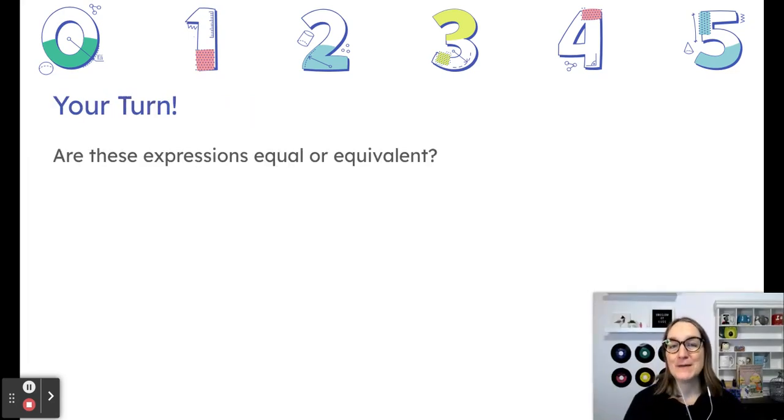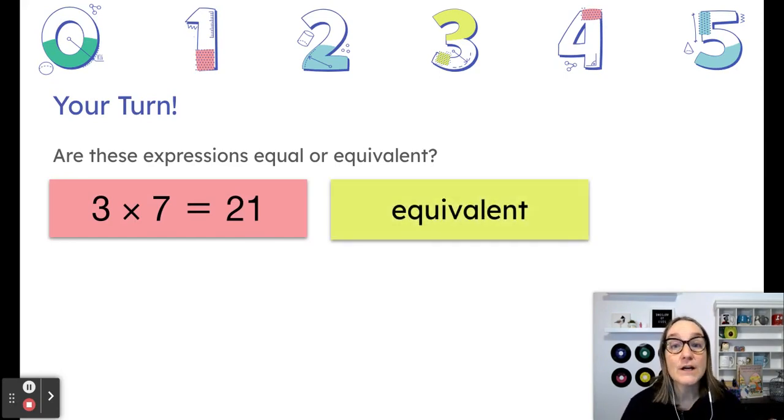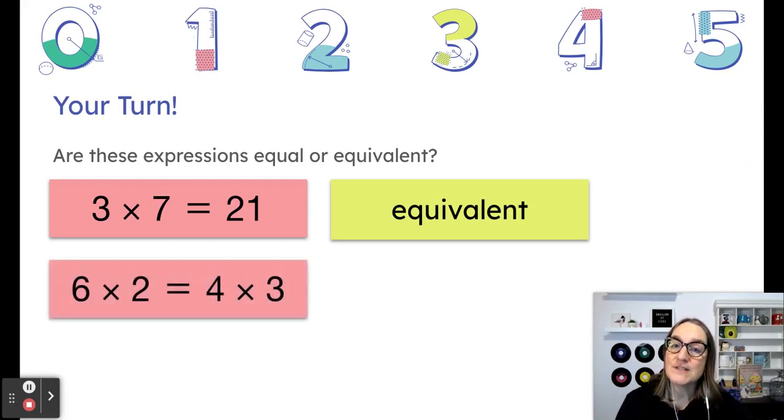Let's check to see if we can apply our new understanding. If 3 times 7 equals 21, are they equivalent or equal? They're equivalent. That's because while the expression 3 times 7 does represent 21, they are not exactly the same in all aspects. How about 6 times 2 and 4 times 3?